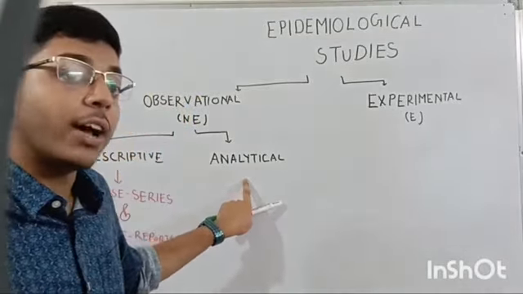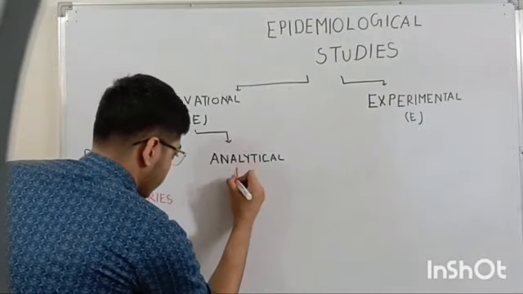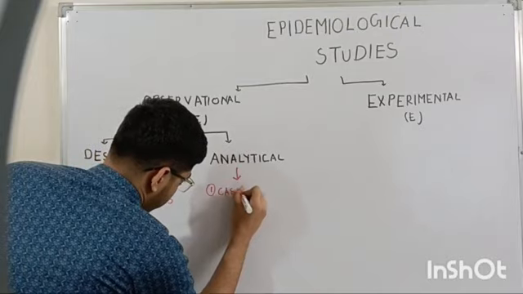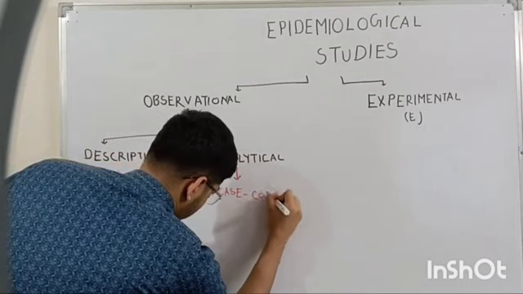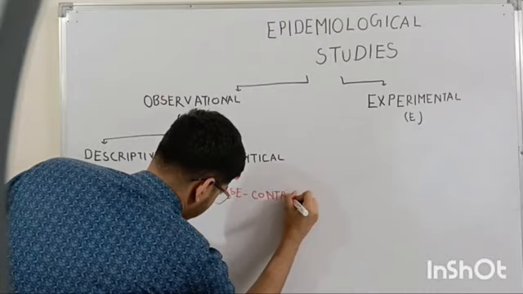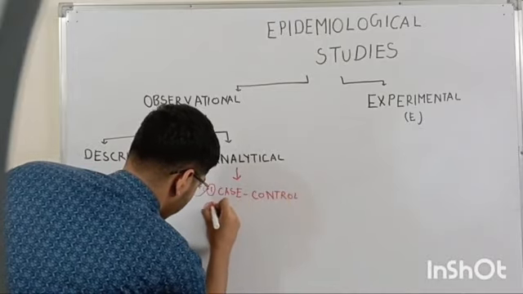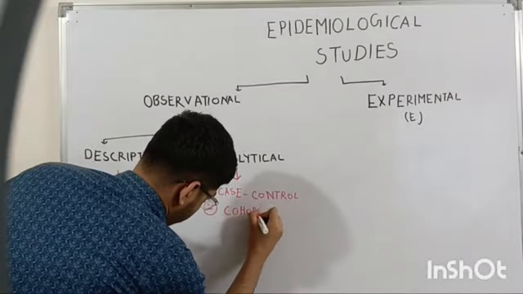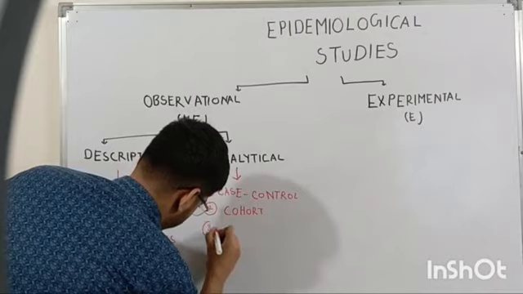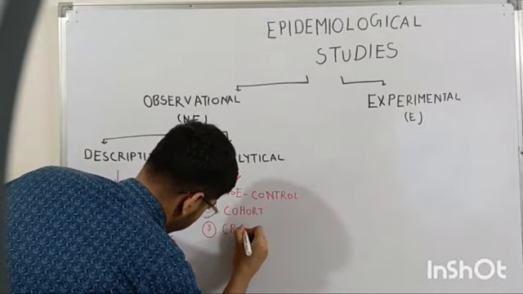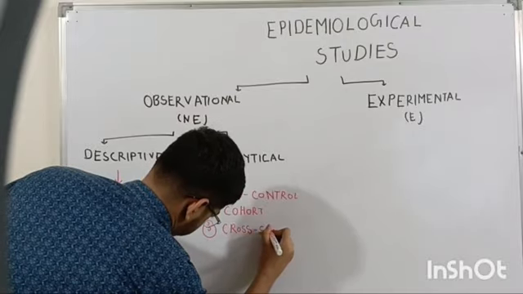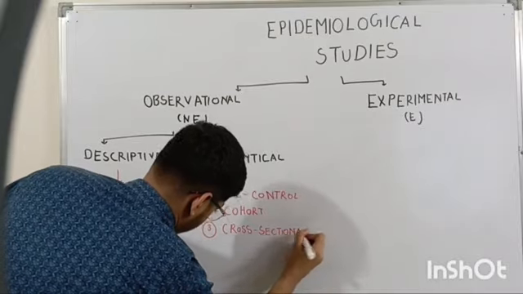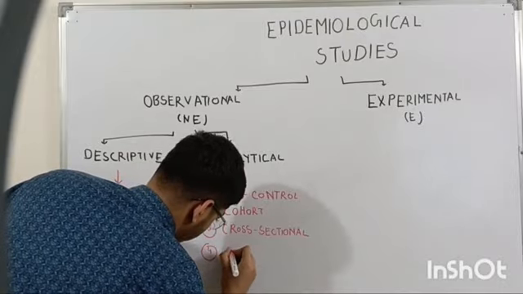So the analytical studies can now be subdivided into first, case control, second, cohort studies, third, cross-sectional, and fourth, ecological.